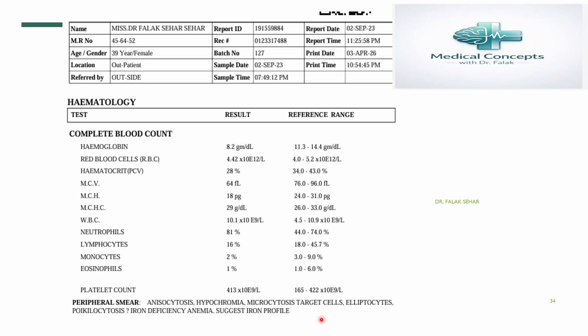Putting all these findings together, this is more consistent with iron deficiency anemia, and as suggested in the report, the next step would be to confirm with an iron profile. So this is a classical example of how RBC indices and peripheral smear together help in diagnosing the type of anemia, and anemia will be discussed in the next upcoming video.